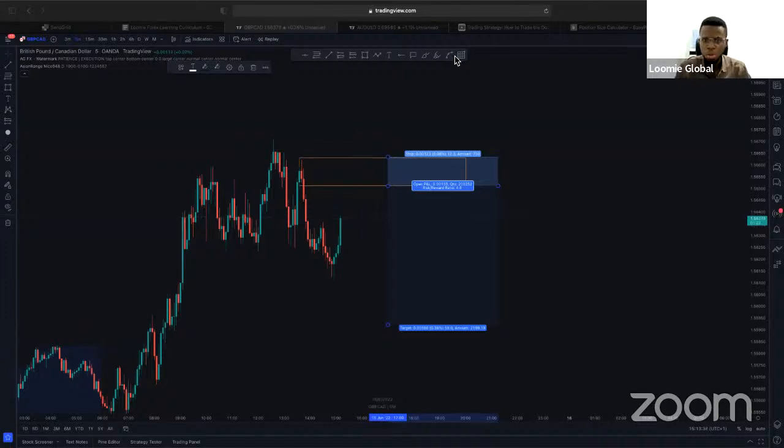All right, so I want to show you what I'm looking at on GBP CAD, right? And price is getting to our area of interest, our point of interest. So I think in a minute we'll be ready to take this trade.